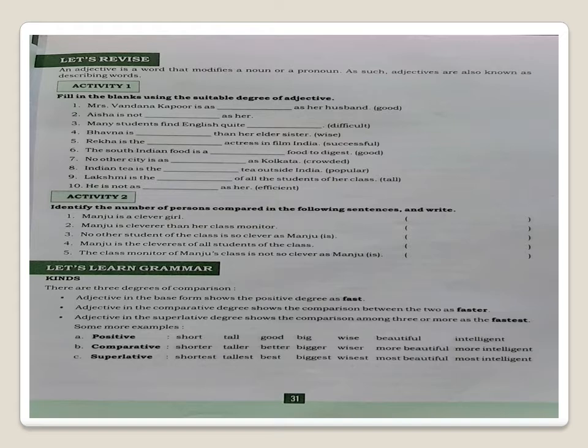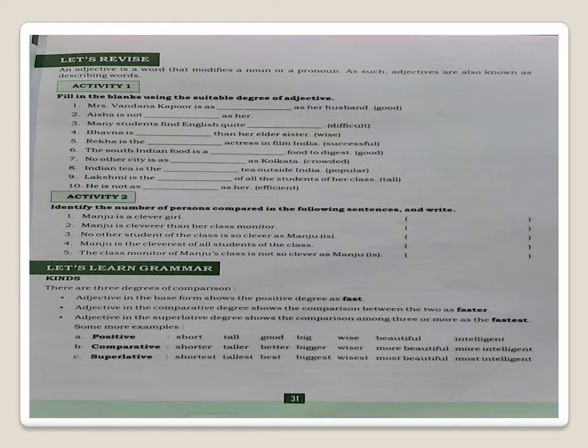See that in the activity 2: identify the number of persons compared in the following sentences and write. In the first sentence, Manju is a clever girl. There is only one Manju, and only the quality of Manju is given. There's no comparison. The second sentence: Manju is cleverer than her class monitor.